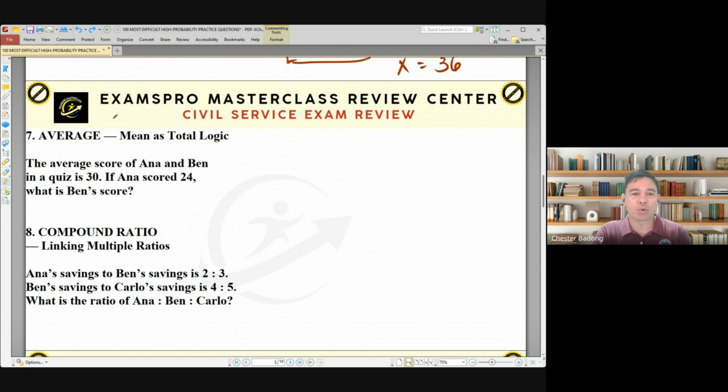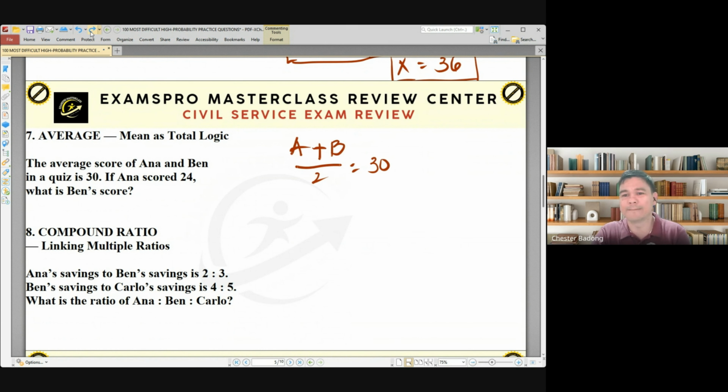The average score of Anna and Ben in a quiz is 30. If Anna scored 24, what is Ben's score? Okay. Isipin po natin ang ratio and proportion siya. Actually, iba po yung solution niya. More on average. To get the average, you add the parts and divide it by the number of parts. Okay, so a plus b over 2 is equals to 30.